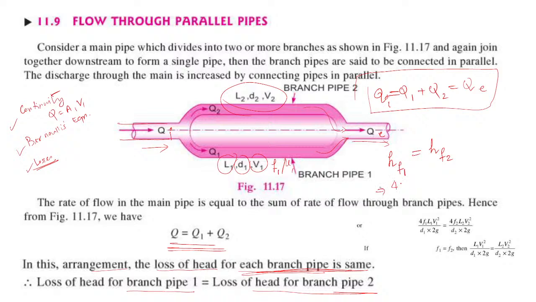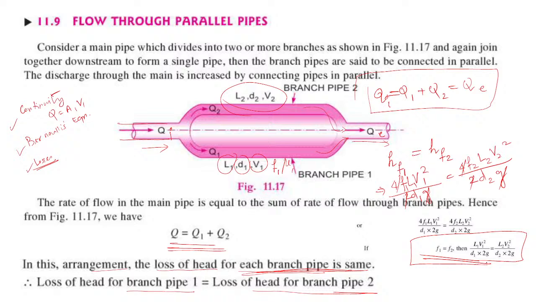We know the formula 4 f L V square by 2 D g. So 4 f1 L1 V1 square by 2 D1 g has to be 4 f2 L2 V2 square by 2 D2 g. The 4 will get cancelled, g will also get cancelled. And if f1 and f2 are also the same, if the coefficient of friction is the same, we can solve the numericals using this.